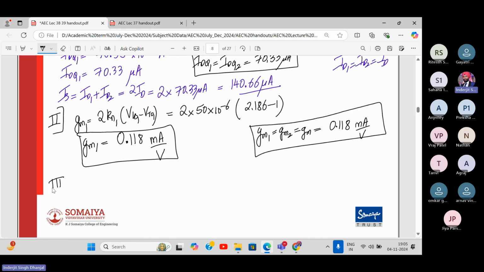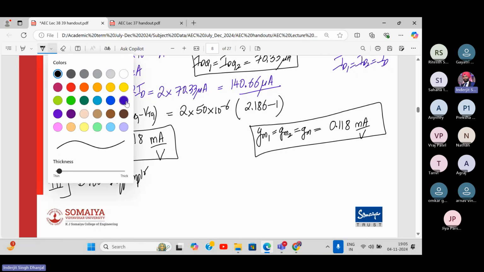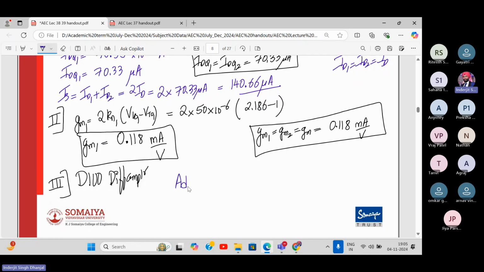Now we go to the third part. Which configuration is it? DIUO, DFAM. So which formula do we use for AD? AD of DIUO is given by GM RD by 2, correct?